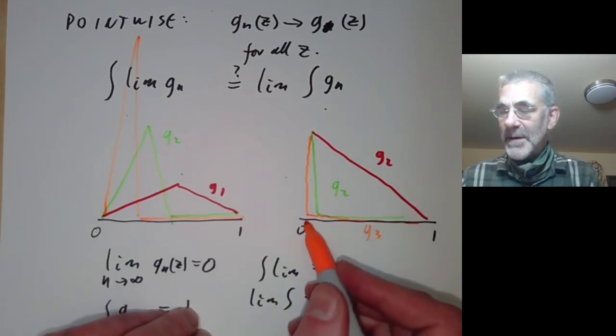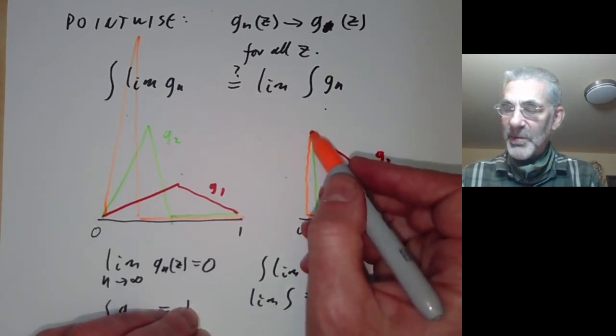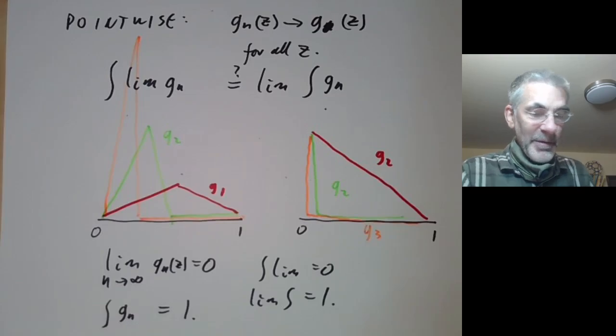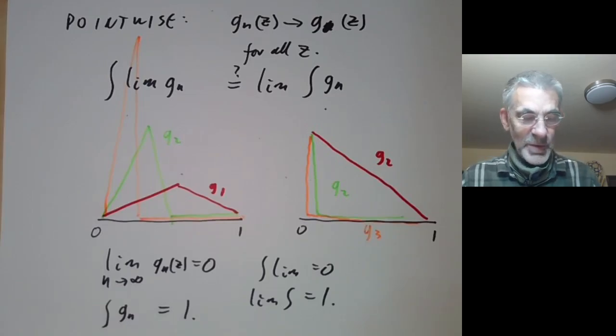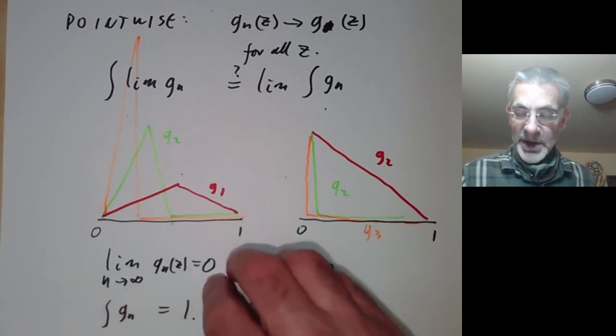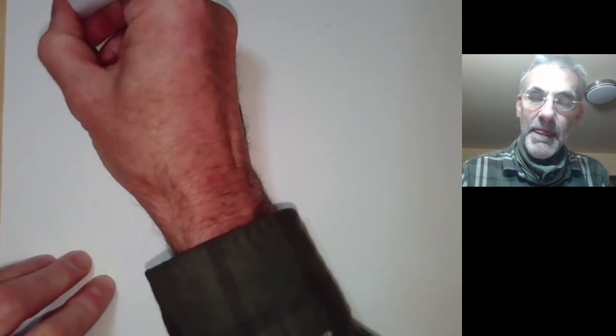And you can see the limit is going to be 0 except at the point 0 where it's 1. So the limit of continuous functions need not be continuous. And this is again a real nuisance. So in order to fix this, there's a notion from analysis called uniform convergence.